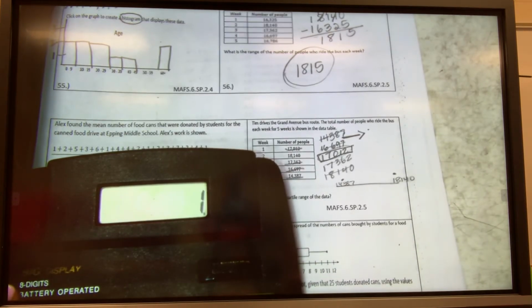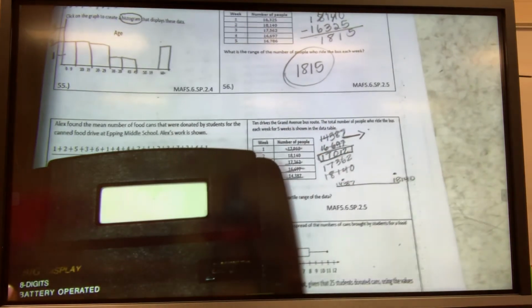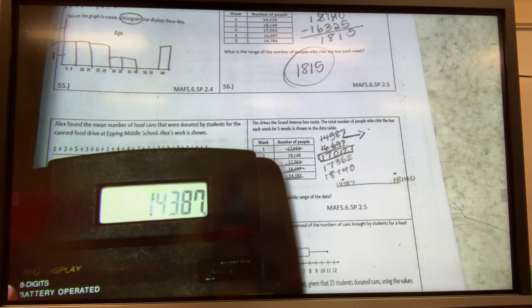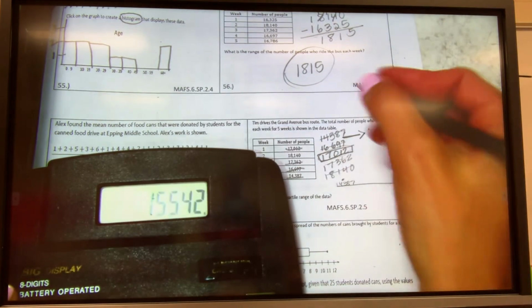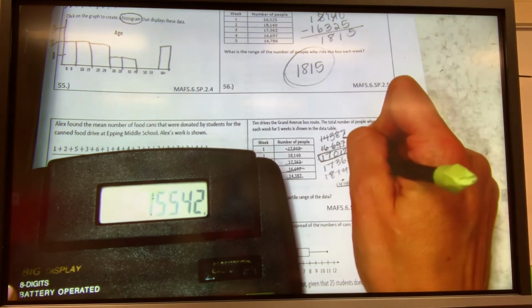Okay, sorry. 16,697 plus 14,387 equals, divided by 2 equals, what did I do? 14,387 plus 16,697 equals, oh, I think I pushed multiply, divided by 2 equals, there we go, 15,542.